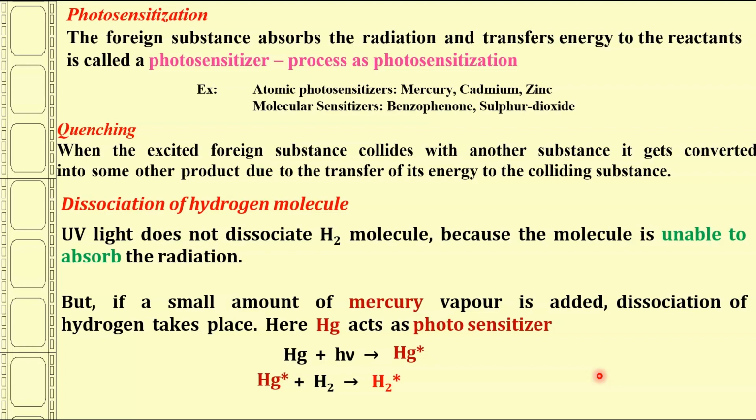This excited hydrogen molecule is unstable, and it loses the energy, undergoes dissociation to give hydrogen radicals. This is another photochemical reaction where we use photosensitizers and activate the molecule for the reaction to occur.